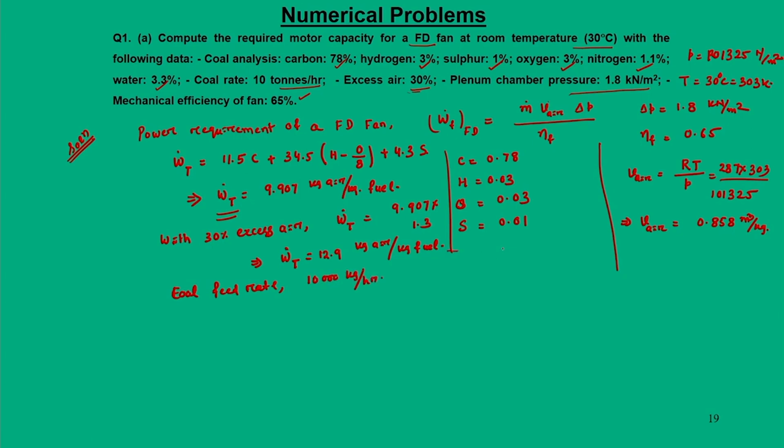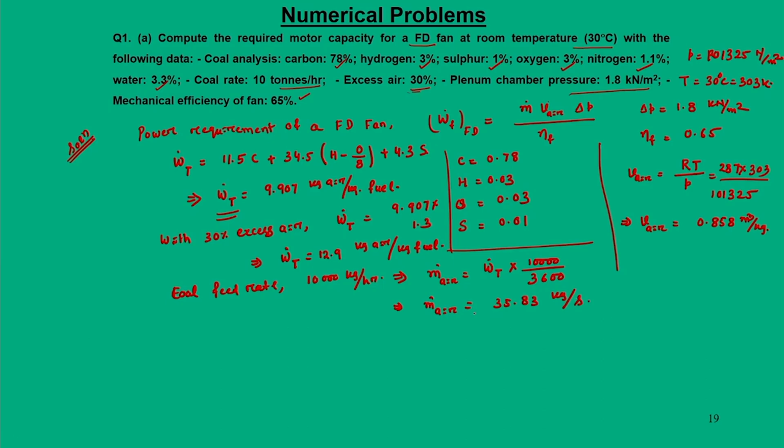So, by putting this, the mass of air requirement would be W dot T into 10,000 divided by 3600. So, m dot air becomes 35.83 kg per second, because we know this W dot T.